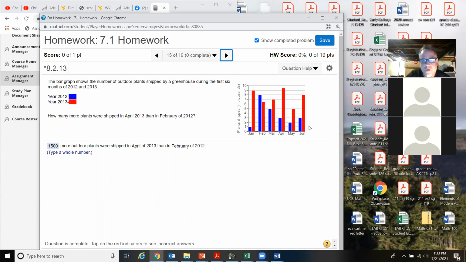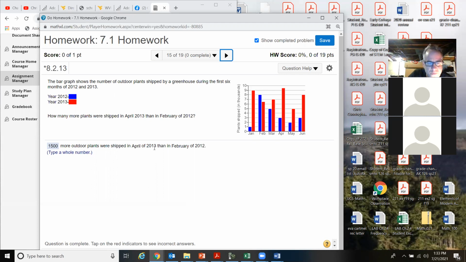This one is a bar graph that compares 2 years, 2012 and 2013 in red. This is the number of outdoor plants shipped by a greenhouse during the first 6 months of 2012 and 2013. 2012 looks like they measured in thousands. In 2013, they shipped out, looks like, about 9,000.